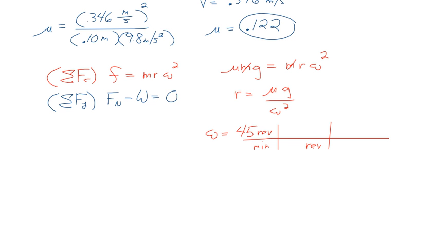So we're gonna go from revolutions to radians, and then we're gonna go from minutes to seconds. So 1 minute is 60 seconds, and 1 rev would be what? How many radians? 2 pi. So 2 pi radians. And if you solve that, what's that going to give you for your angular velocity?